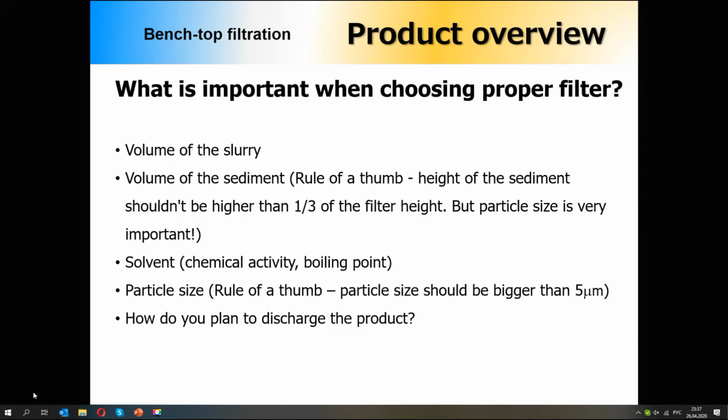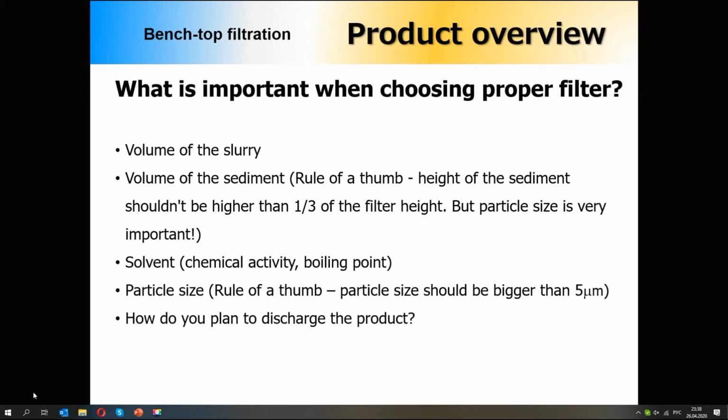I think it should be pretty obvious why we need to know the chemical activity: you need to know that in order to choose the proper material for the filter itself, and also for the material used for the filtration: filter tissue, filtering paper, and so on and so forth.